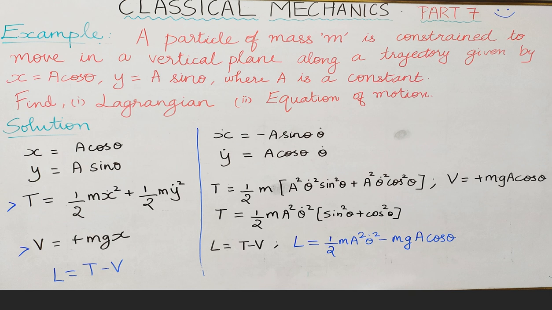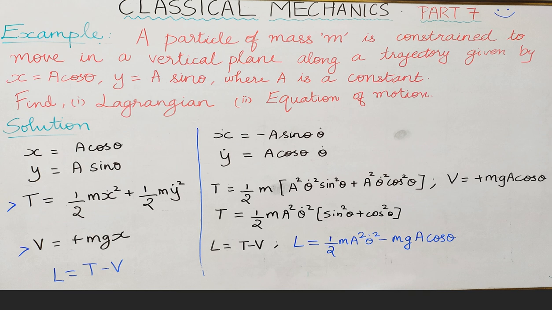Now the Lagrangian is given as T minus V, and to find T we need to find x dot and y dot. So I have just found x dot and y dot. Here the only variable is theta. If I differentiate cos theta, I get minus sin theta, and since theta is a generalized coordinate it also will be differentiated, so it is written as theta dot.